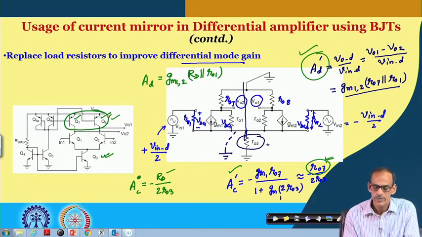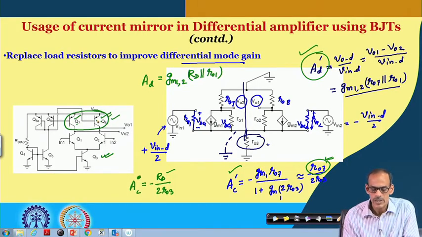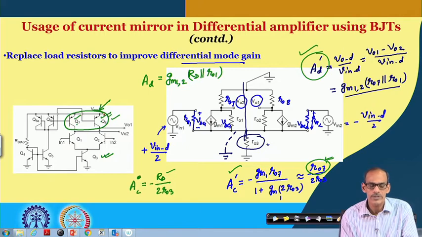So, we may have a tendency to use a current mirror here. In the next slide we will see one modification of replacing this active load by an active current mirror load.